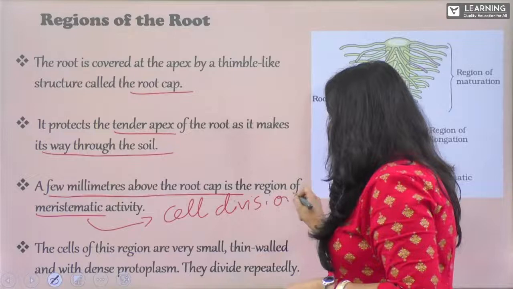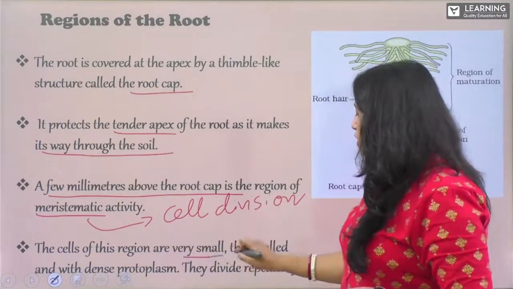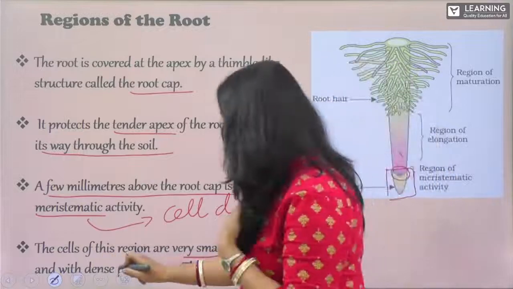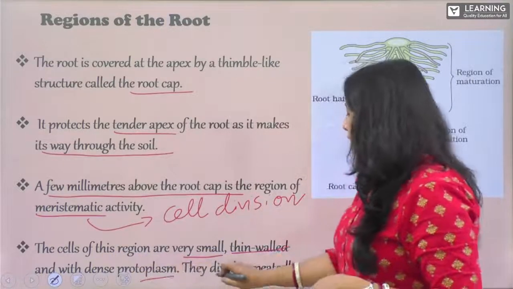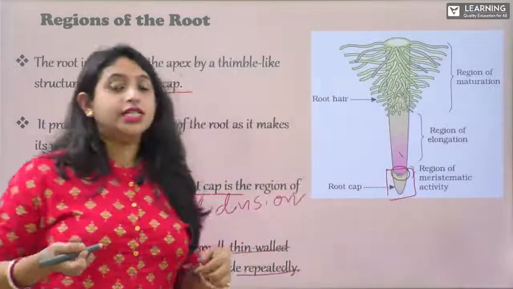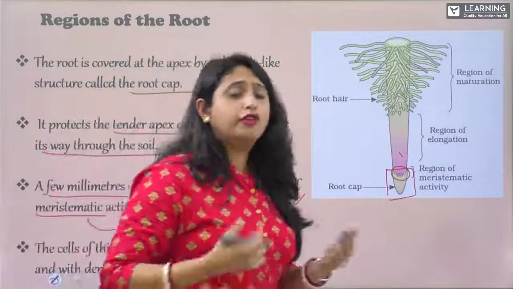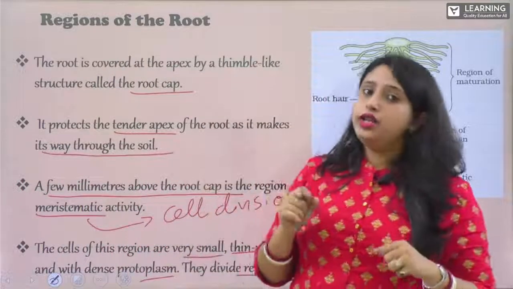The cells of this region are very small, thin-walled, with dense protoplasm, and they divide rapidly.